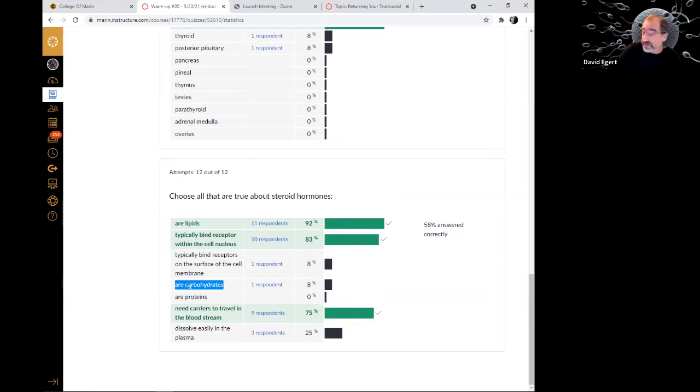They're most definitely not carbs. And again, most people got this. They bind receptors in the cell nucleus. They can actually drift through the membranes and end up in the nucleus, where there are these weird receptors that we don't have time to go into.